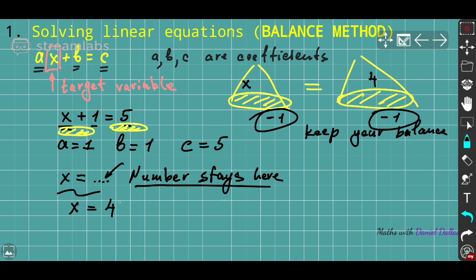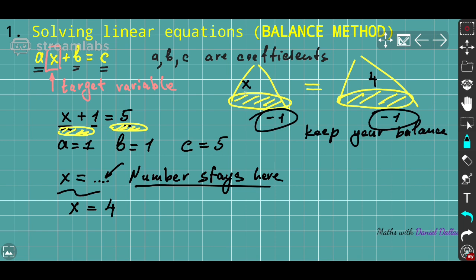So on the left plate there is x, and on the right plate there is 4. So x equals 4. I think it's pretty straightforward for most students.